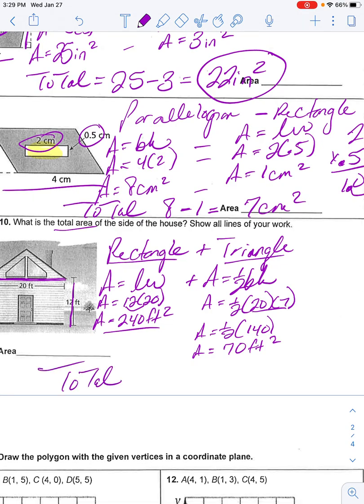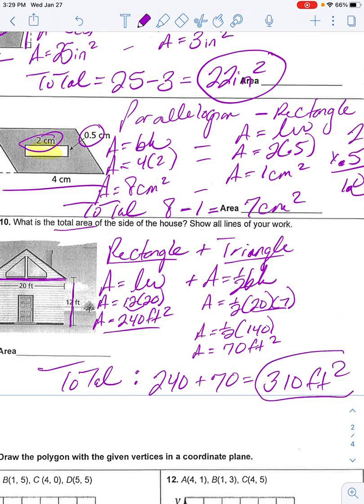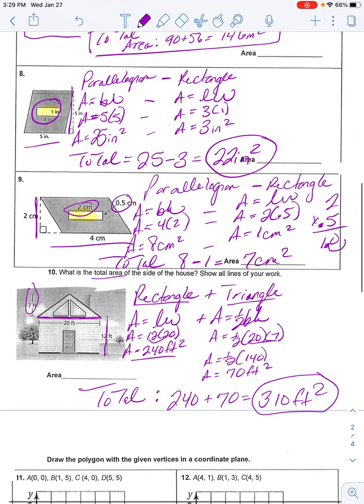So the total area of the side of the house, 240 for the bottom, 70 for the top. So 240 plus 70, 310 square feet for the side of the house.